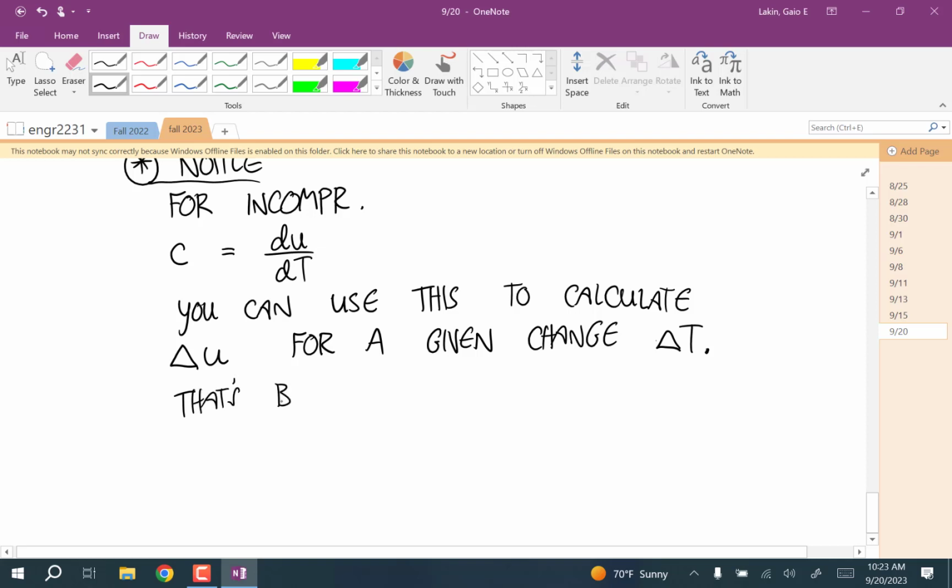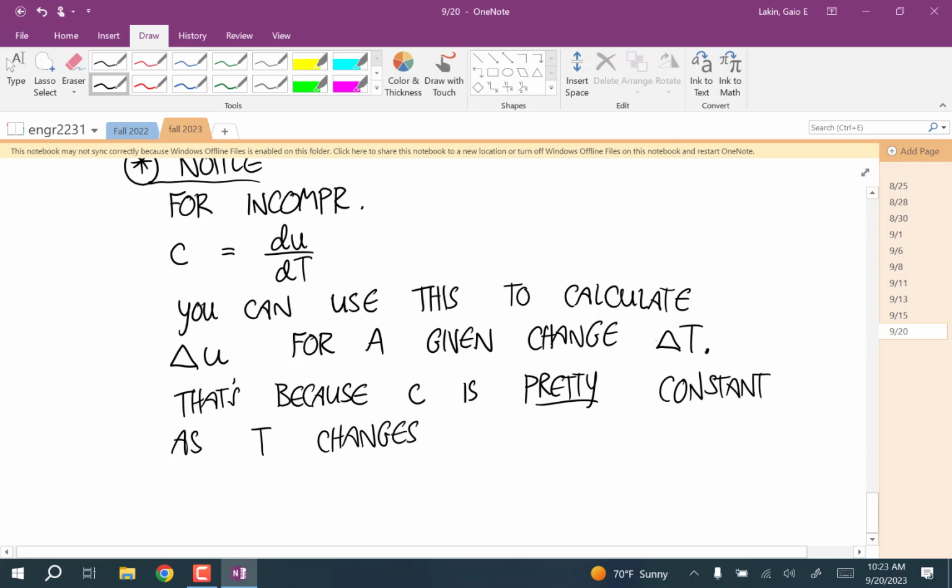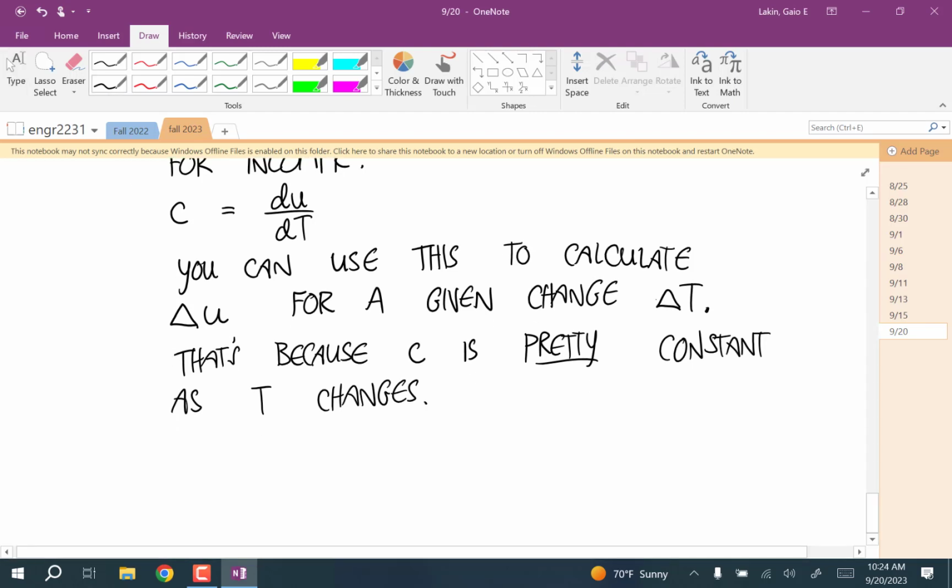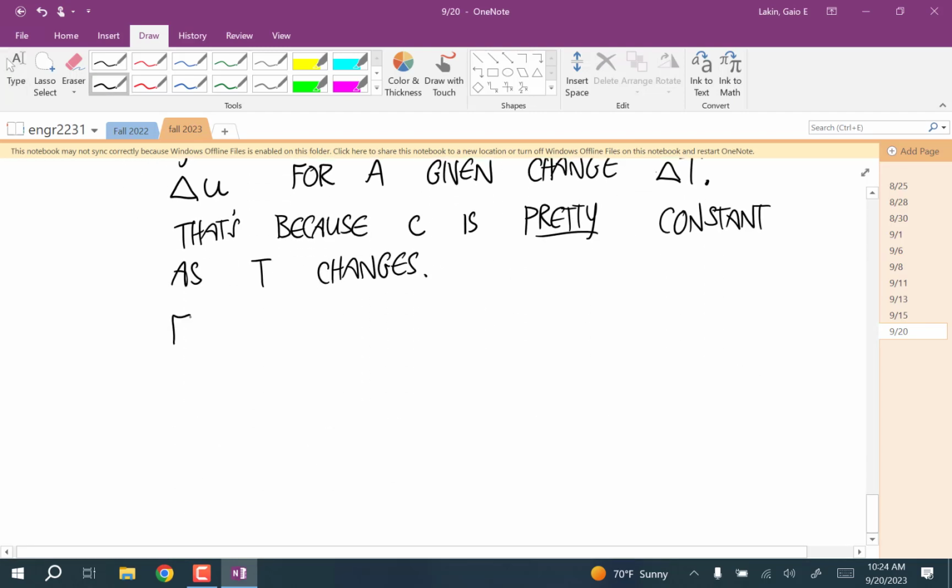So that's because C is pretty constant as T changes. So you can just treat that like it's a number and integrate, okay? Then you get to pull the constant out of the integral.